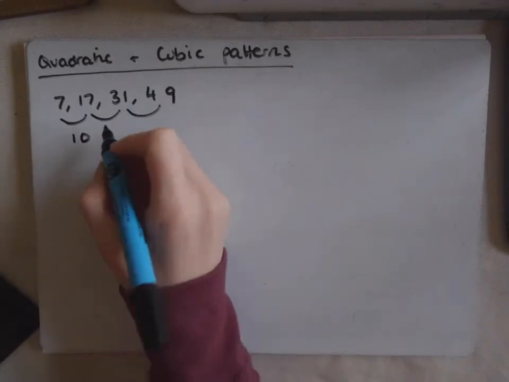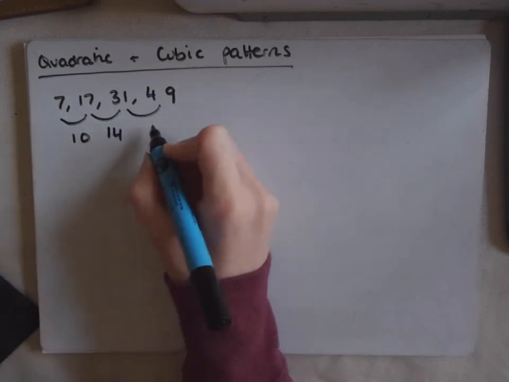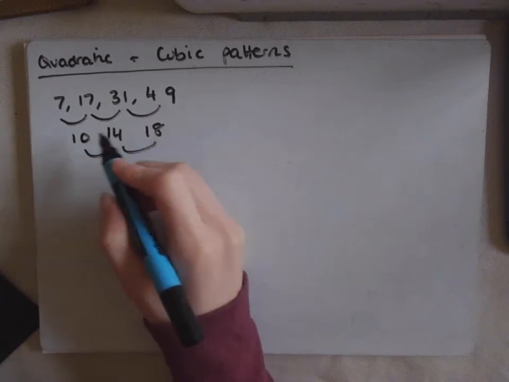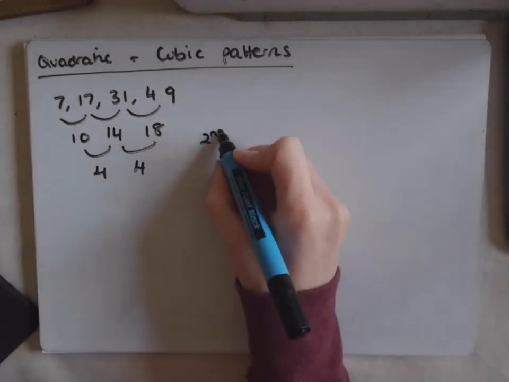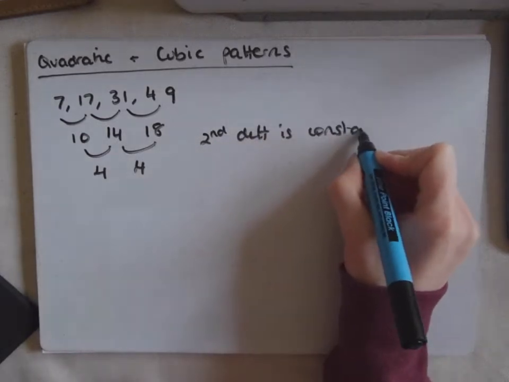So that's 10, 17, 31 take 17. So it's not linear because the first difference is not constant. So let's see, that's 4 and that's 4. So it's quadratic. Second difference is a constant.